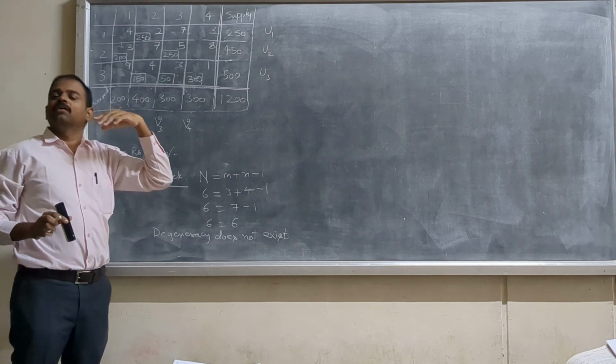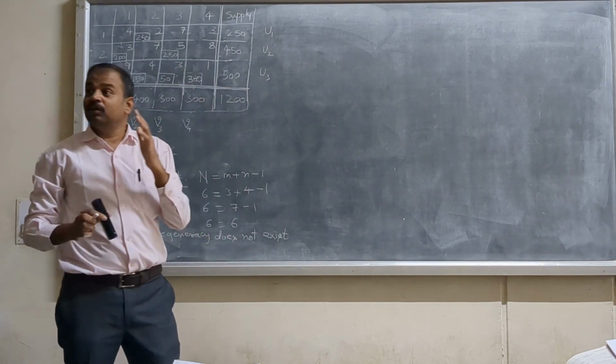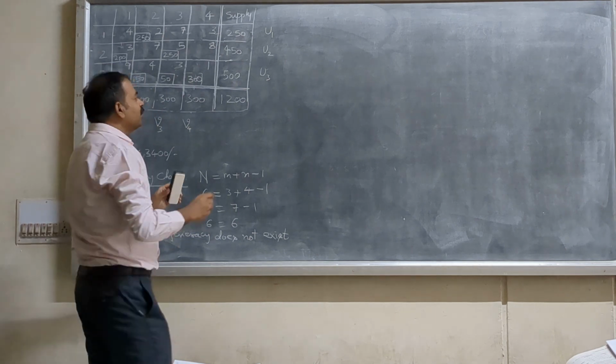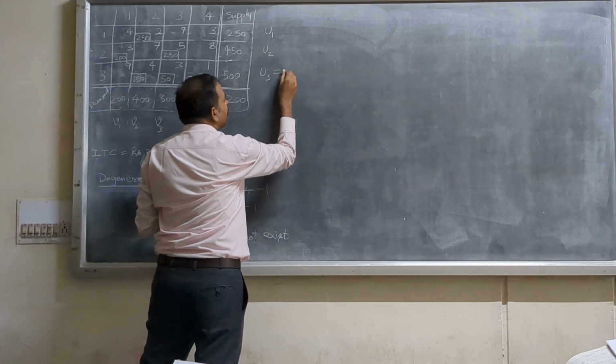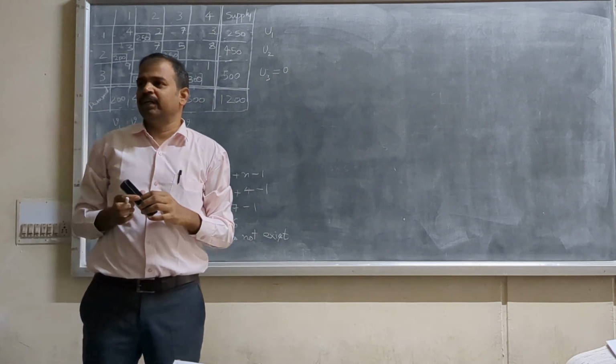Now which row or column has the highest number of allocations? The third row. So in our calculations we will assume U3 equal to 0. This is how you can identify.